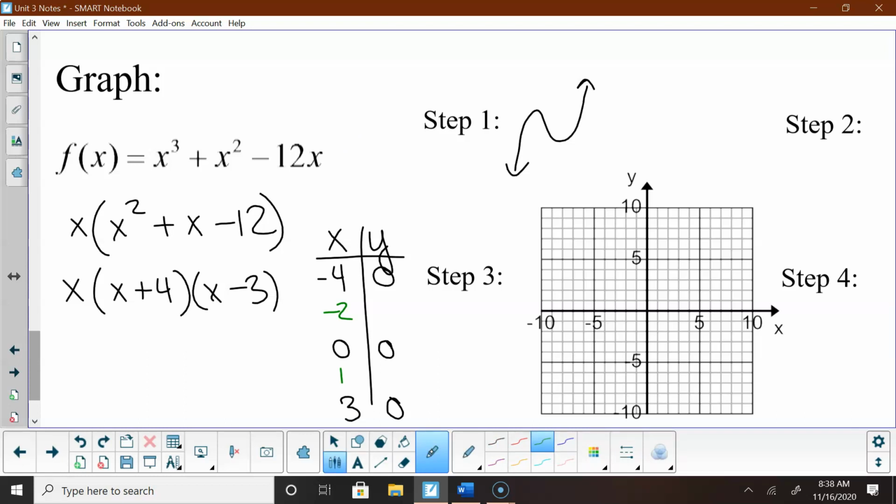You guys want to check positive 1? Did we get it?